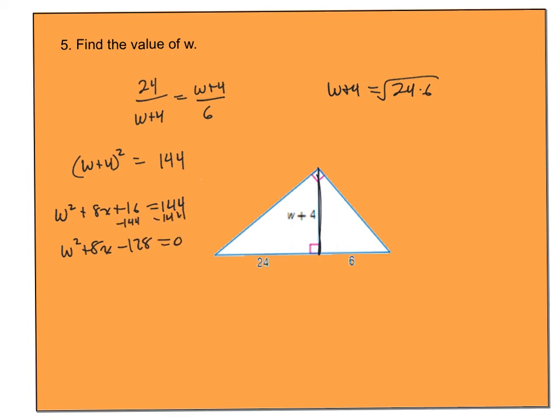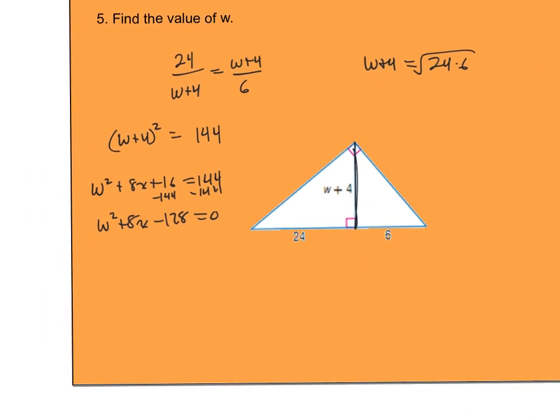And I'm doing this algebraically, just as an example, because it's good to see it that way. So I have to do some factoring. What multiplies to negative 128 but adds up to positive 8? You might have seen this. I start playing around with some of the factors. So plus 16 and negative 8 would get me that.